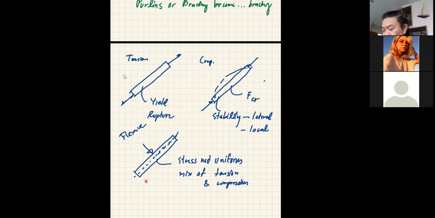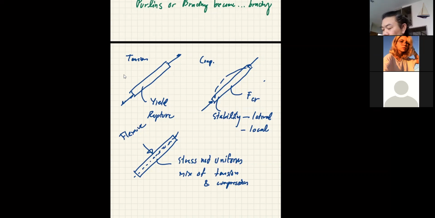And likewise, for a flexural member, the flexural strength of your member will also involve the unbraced length. But not only does it involve the unbraced length, it also involves the stress that is not uniform.